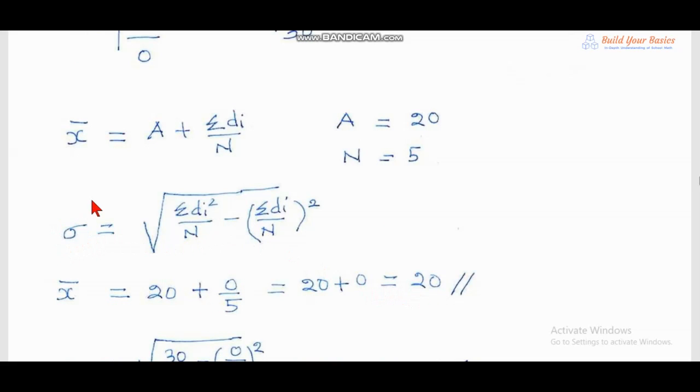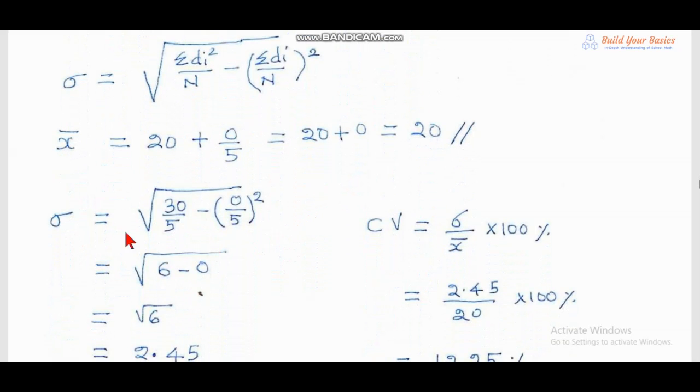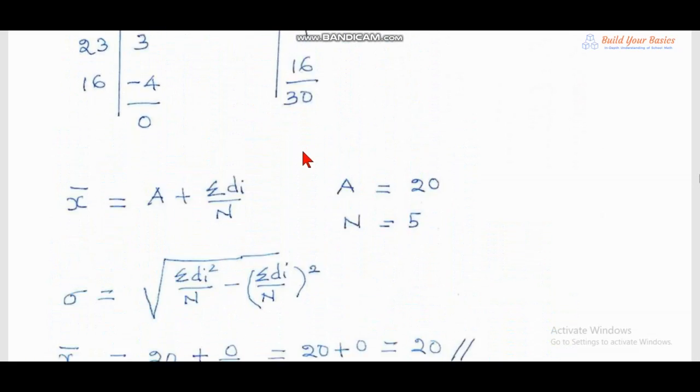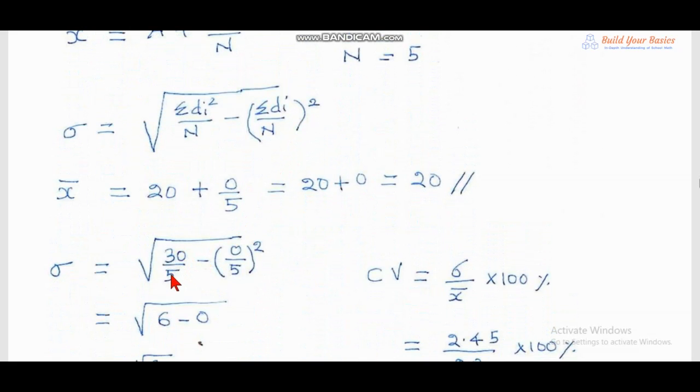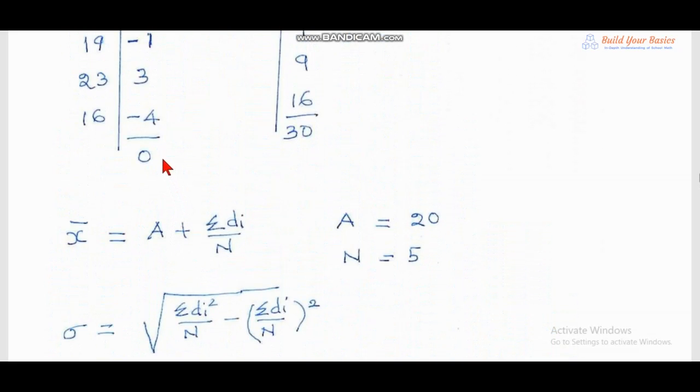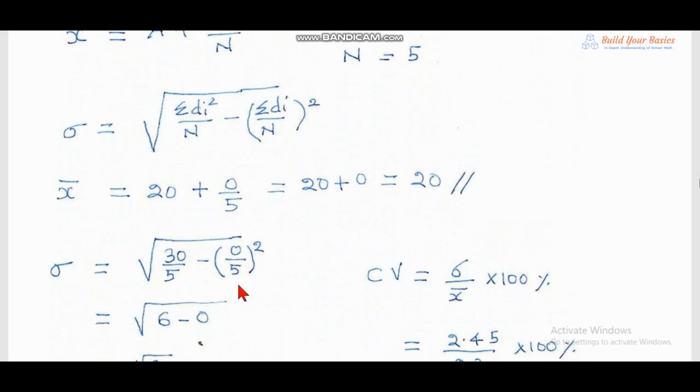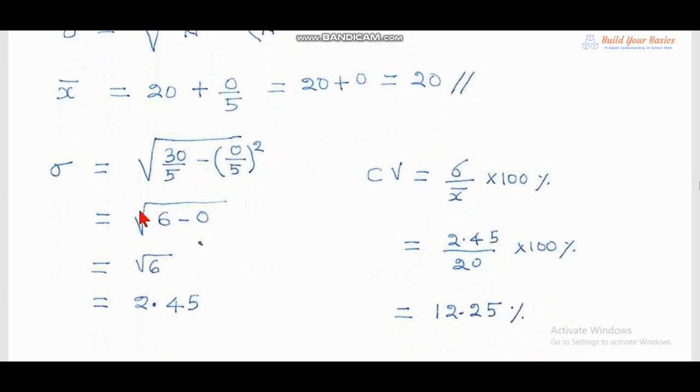Standard deviation sigma is the square root of sigma Di squared by N minus sigma Di by N whole square. That equals root of 30 by 5 minus 0 by 5 whole square, that is square root of 6 minus 0, that is square root of 6, that is 2.45.